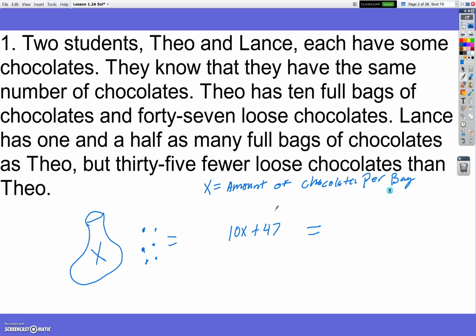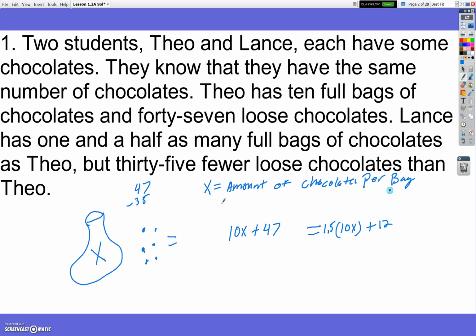Lance has 1.5 as many full bags of chocolate. So if the first person, Theo, has 10 bags, Lance has 1.5 times that many. But 35 fewer loose chocolate. So if he has 47 and he has 35 fewer, that means he's going to have an additional 12.